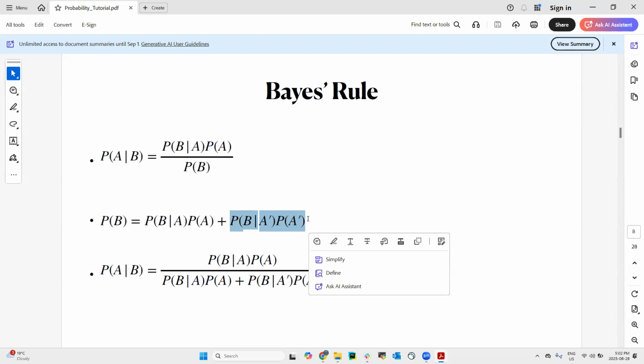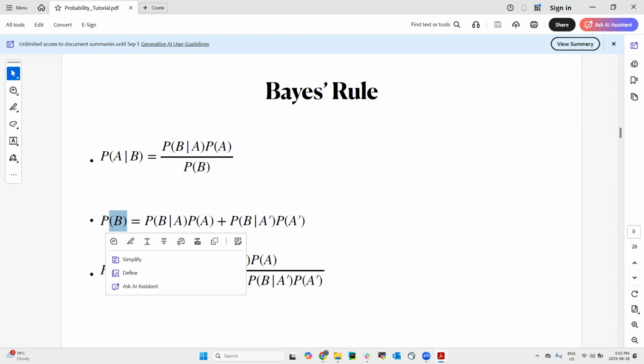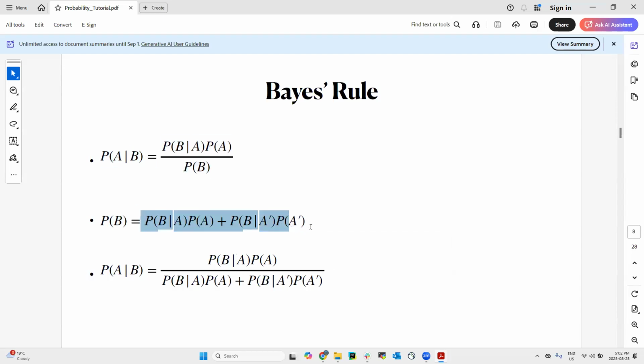So if you can find a way to divide your sample space into mutually exclusive events, you can write the probability of seeing event B using the law of total probability as this. Again, this is for two disjoint events.